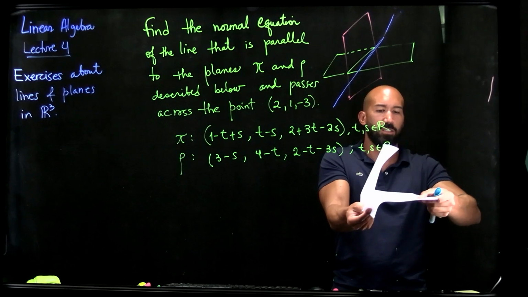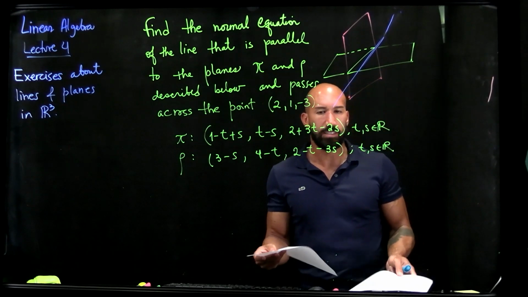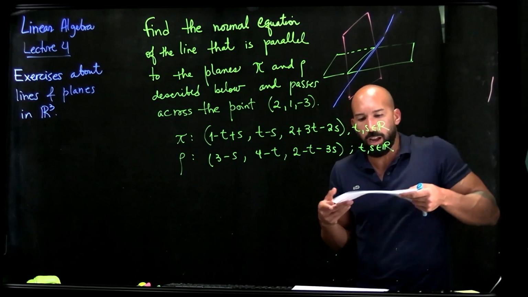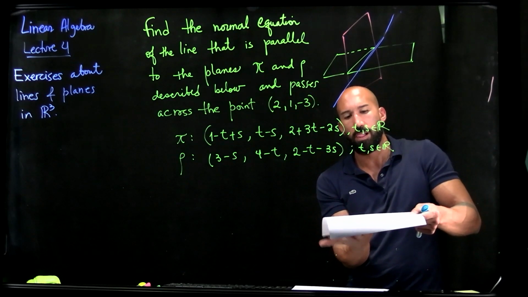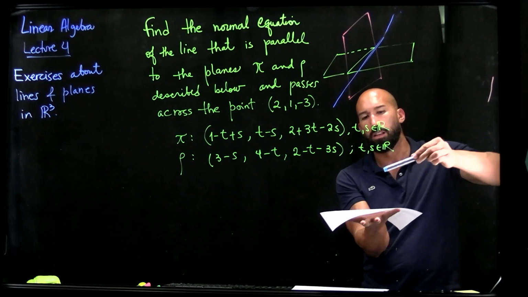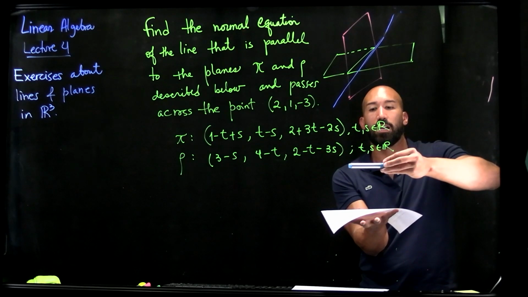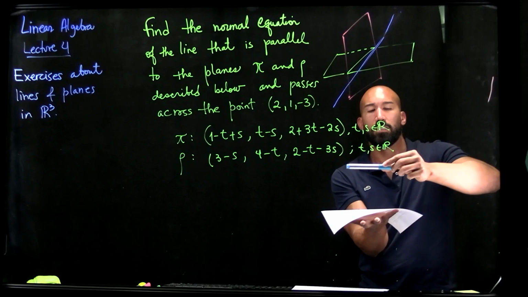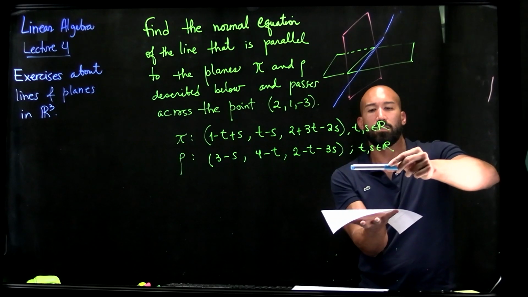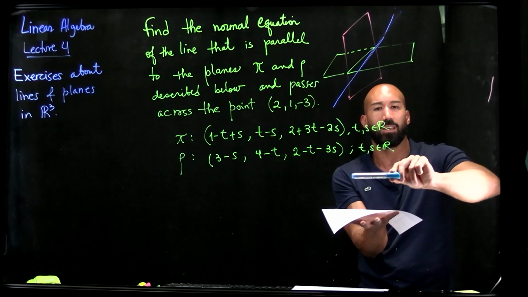Well, let's say that one of the planes is the board. I have another plane here, and we have a line that is parallel to both. That means if I translate that line parallelly until I reach the plane pi, that line is going to fall completely inside that plane.